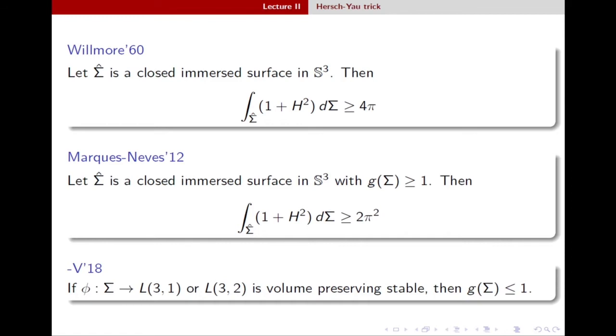So that corresponds to the lens spaces that appear here. So this is an observation that shows an interesting application of the Willmore conjecture after Marques and Neves. And so in these spaces, real projective space RP3 and the lens space of order 3, stable CMC surfaces can only have genus at most 1. Okay.